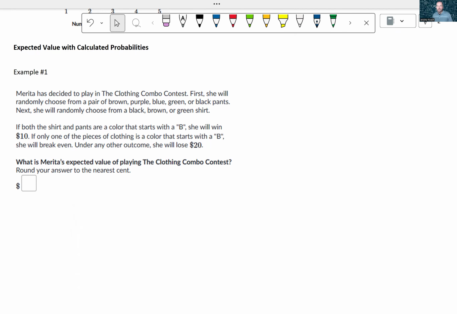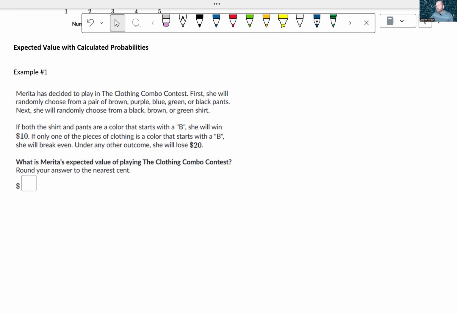In this game, if the shirt and the pants are both a color that starts with a letter B, she wins $10. But if only one piece of clothing is a color that starts with a B, she doesn't win anything. She breaks even. And finally, under any other circumstance, she loses $20. So we want to know what her expected value is going to be of playing this clothing combination contest game.